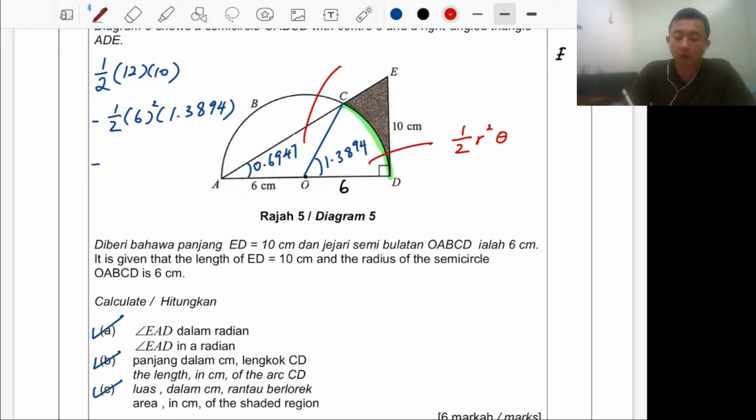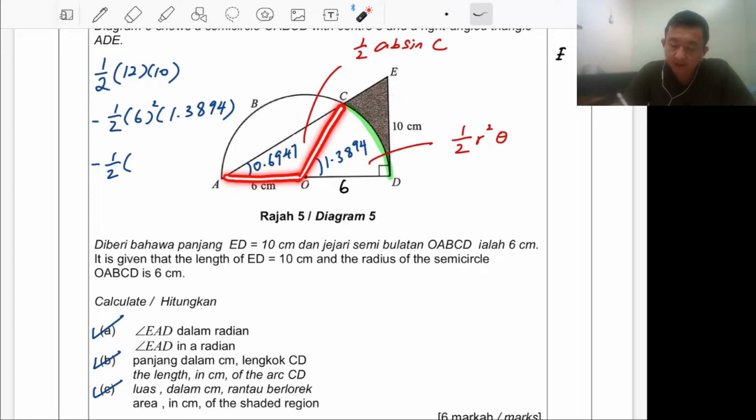Triangle is 1 over 2 ab sine C. So you have 1 over 2, a will be 6, b will be 6, and then the angle will be here.